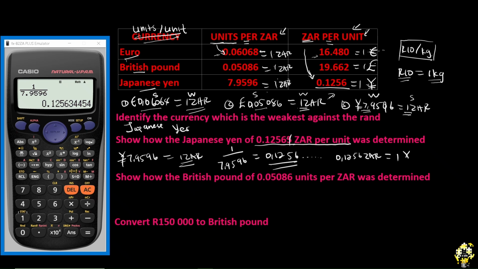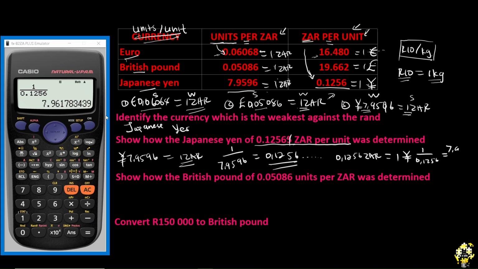1 Japanese yen. How did they calculate this 7? 1 divided by whatever is on the other side. 1 divided by 0.1256. As much as it was rounded off, it should look similar. You see, it looks similar.